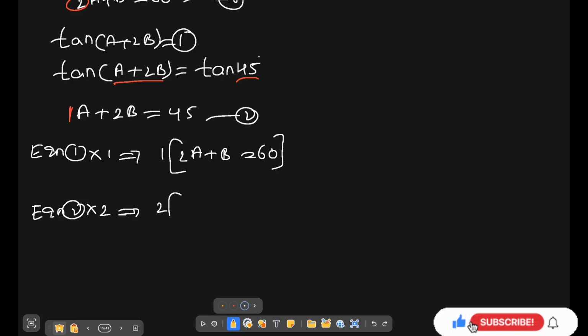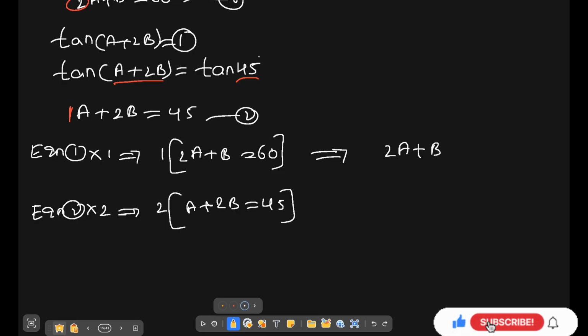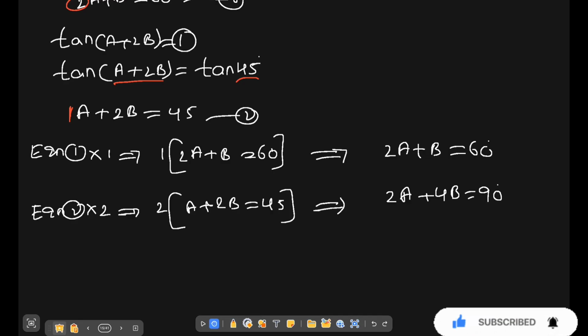Now 2 of equation 2, what is that equation 2? A plus 2B is equal to 45. So this will give us 2A plus B is equal to 60, and 2 into A is 2A, 2 into 2B is 4B, is equal to 2 into 45, 90. Now do subtraction.